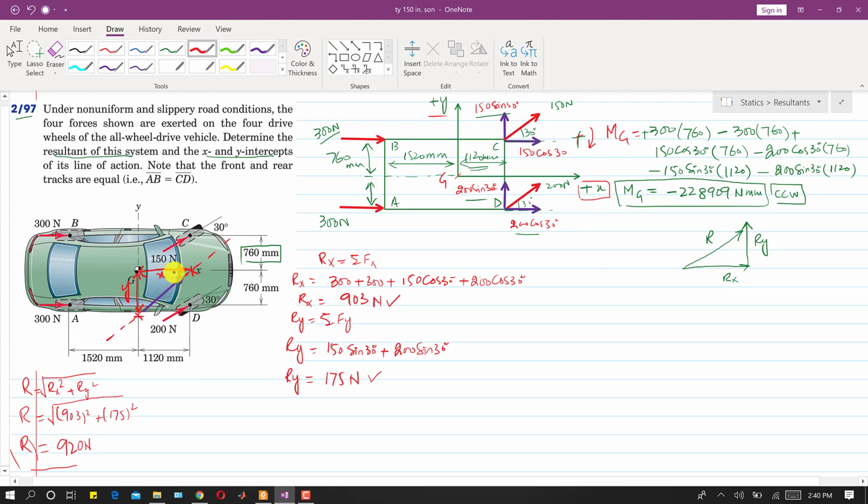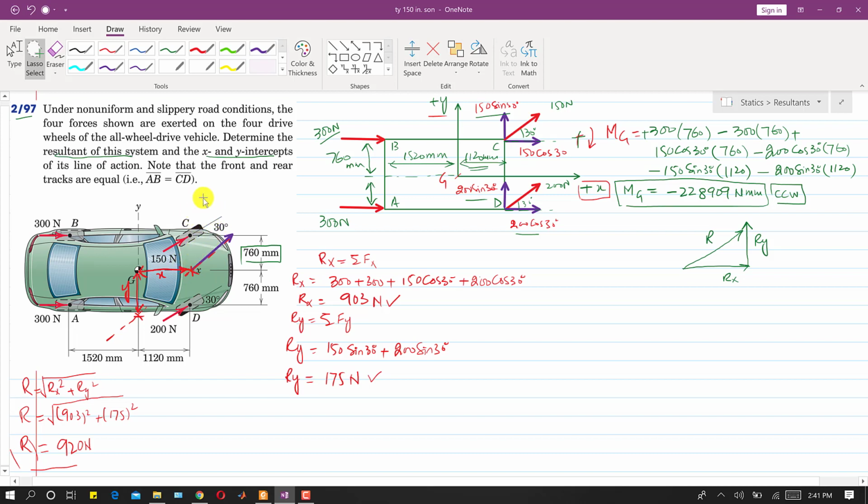Now I will move this force to this point, and resolve this force, and then find the moment. If I move this force to this point, it should produce the same counterclockwise moment.